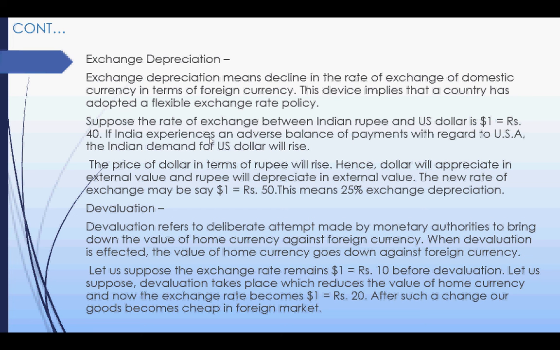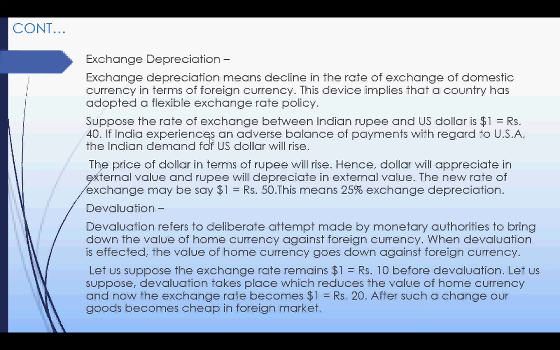Okay, let's take an example. The exchange rate remains 10 rupees per dollar before devaluation. Let's suppose after the devaluation, the exchange rate of Indian currency with that of US dollar becomes 20 rupees.